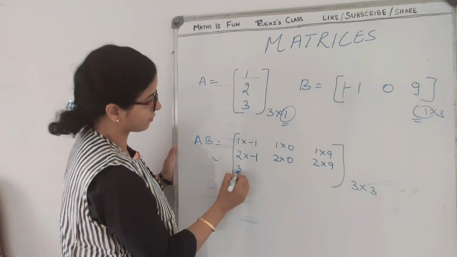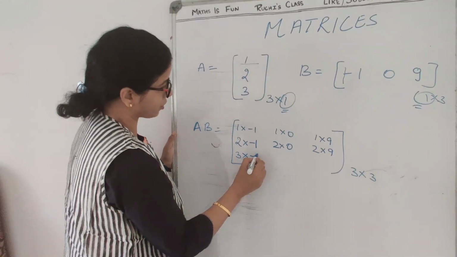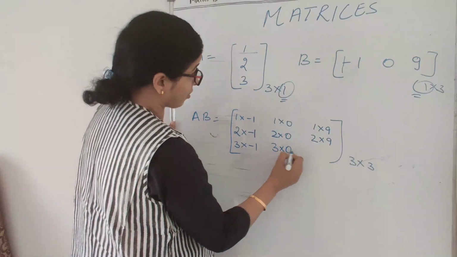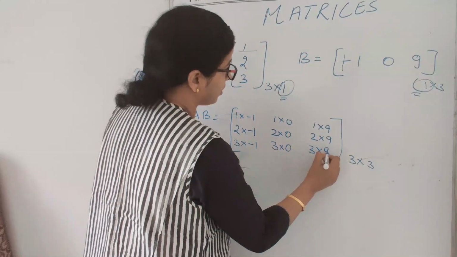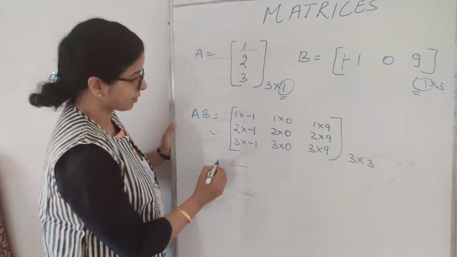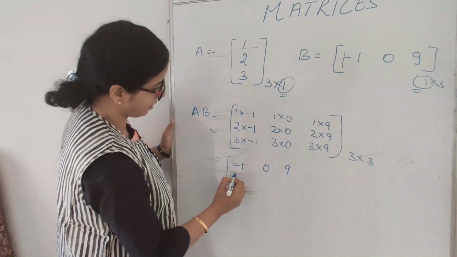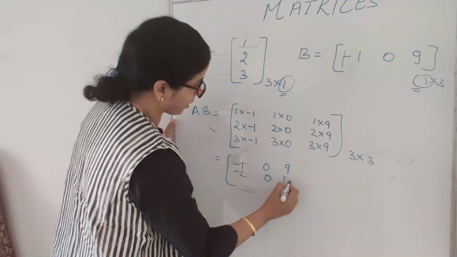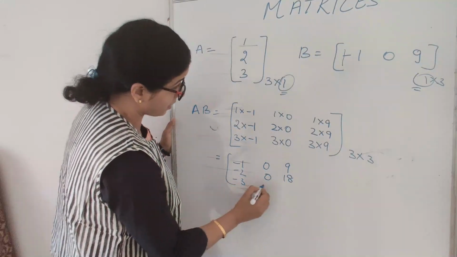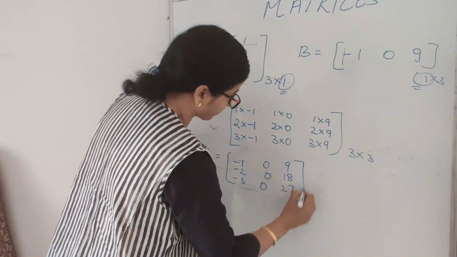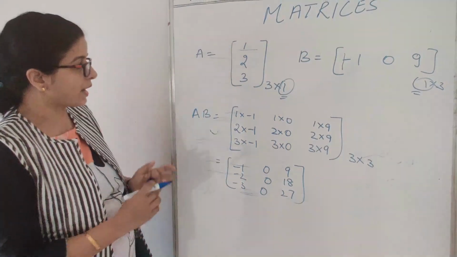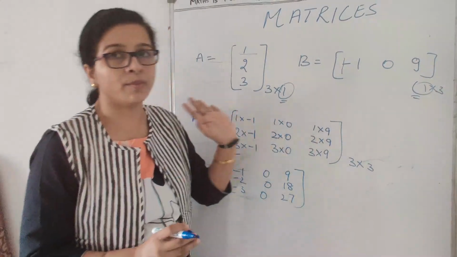Then third row into first column, third row into second column, third row into third column. Is it clear? So I got the matrix minus 1, 0, 9, minus 2, 0, 18, minus 3, 0, 27. So I got my 3 cross 3 matrix.